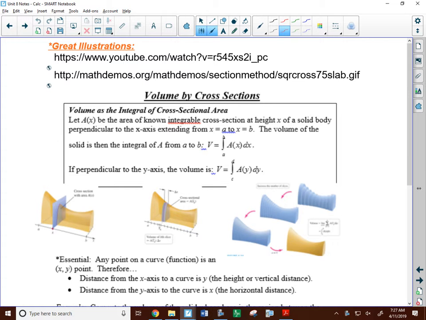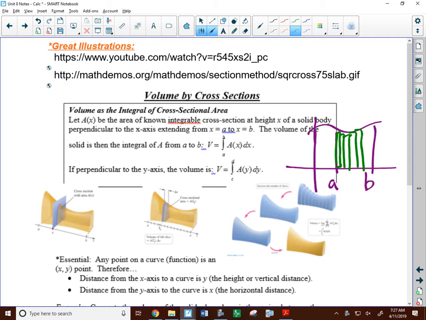Okay, so I want to start by saying this. Do you remember we were able to find the area under a curve, but it was based on the Riemann sums, like all these rectangles we were adding up. So we started with RAM, rectangular approximation method.